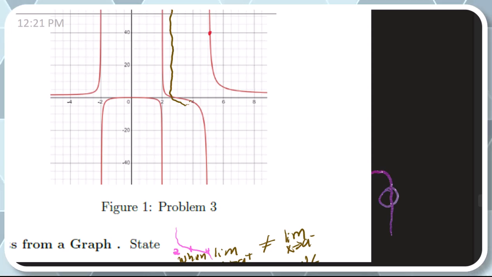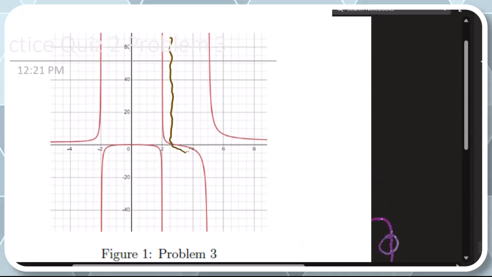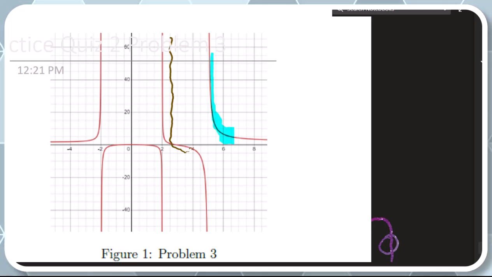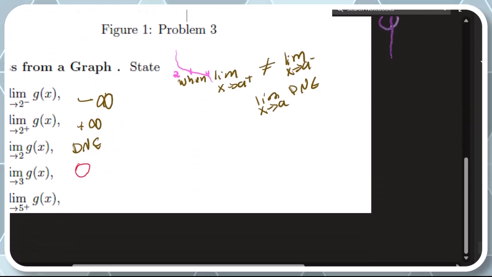I thought I drew the asymptotes in on the graph, but I guess I didn't. Okay, so there's an asymptote at 5, and we can see as we're approaching 5 from the right, we're going up to positive infinity. So if we travel along this graph, go to the right of 5, and travel along the graph, we're just going up and up and up. And so the limit as x approaches 5 from the right is going to be positive infinity.